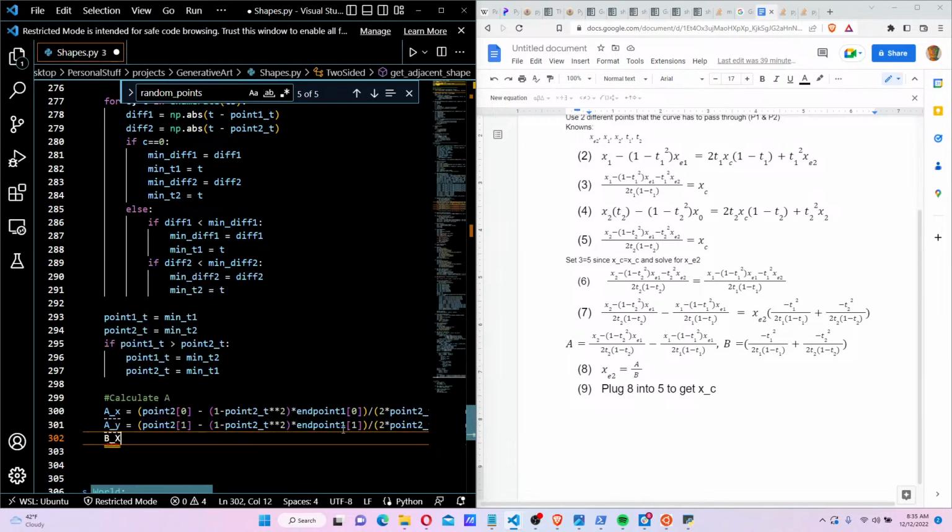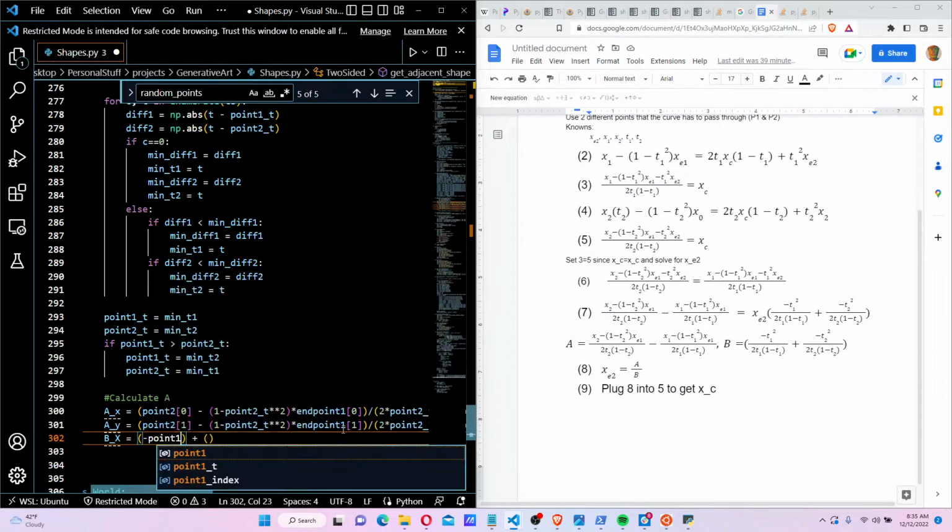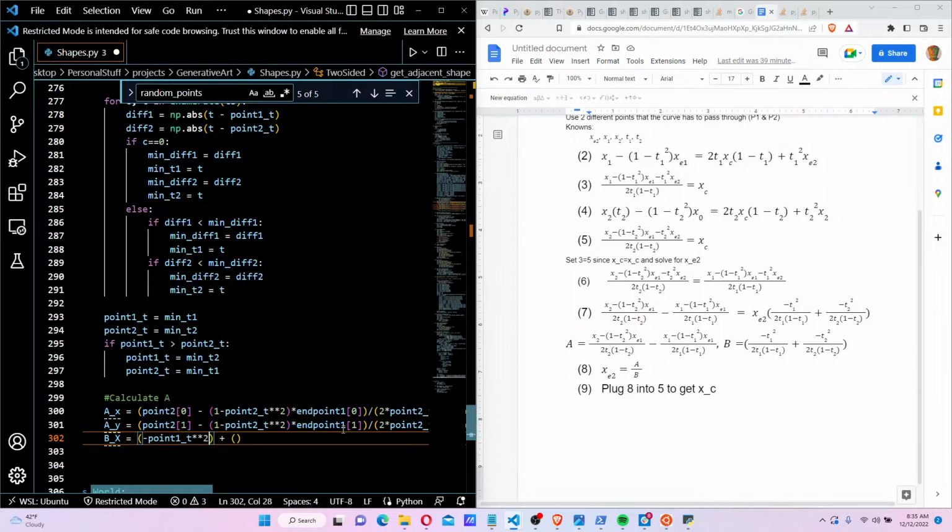Okay, so b sub x is equal to, there's two terms that are added. So first term is minus 0.1t quantity squared.